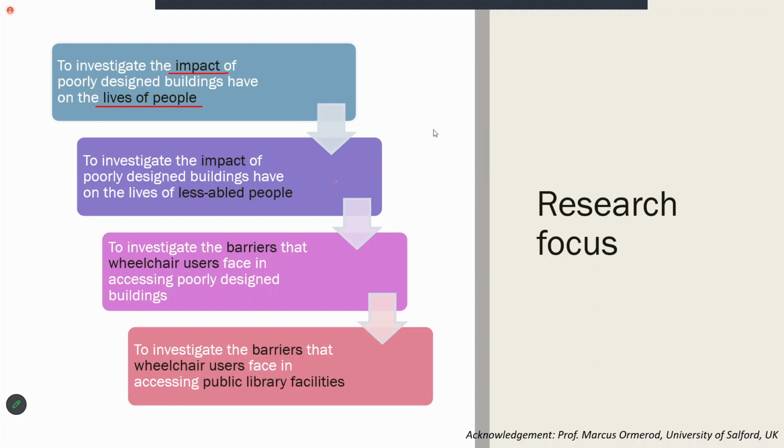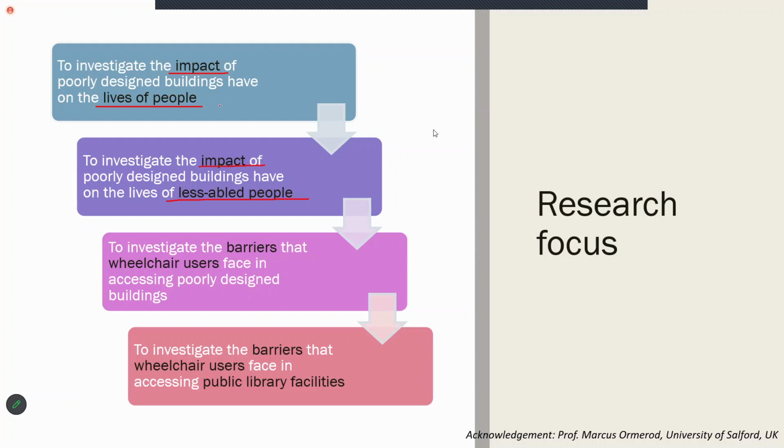From the second study, we are investigating the impact on less able people. What is going to be the impact of poorly designed buildings on the lives of less able people? Maybe blind people, deaf people, people with walking difficulties.